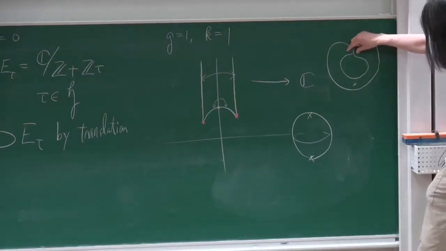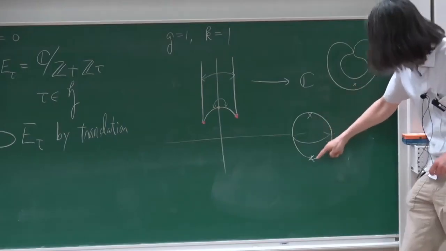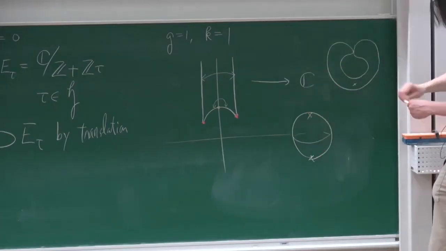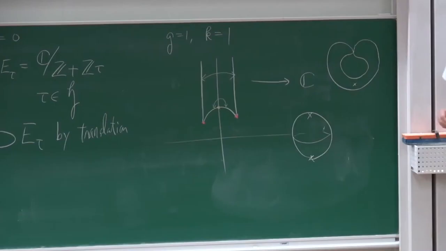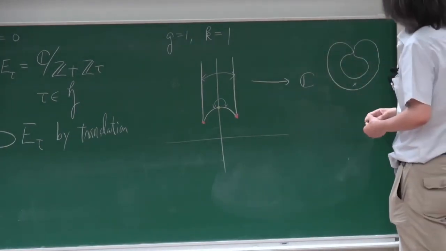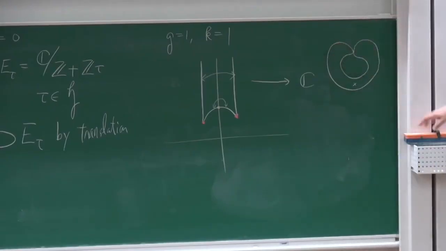You separate these two points, and you have an additional point somewhere here, and then you have 3 points on P1. So the automorphism group of this is trivial. Therefore, this one has no automorphism. Okay, so this one is compactified by adding this sort of behavior.